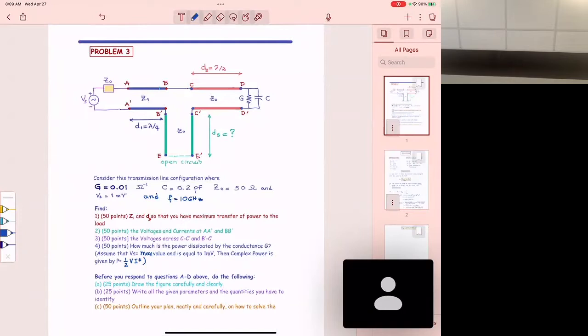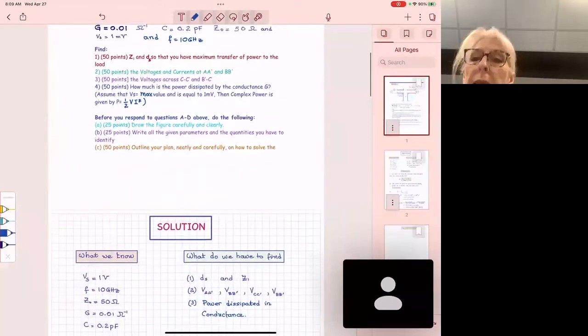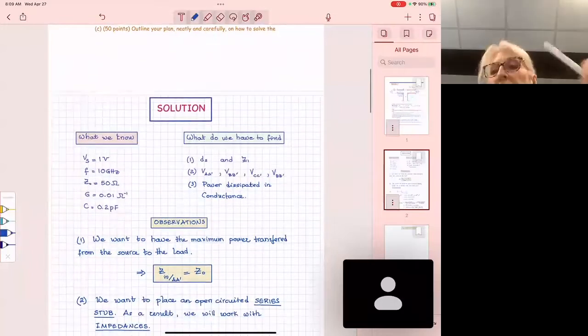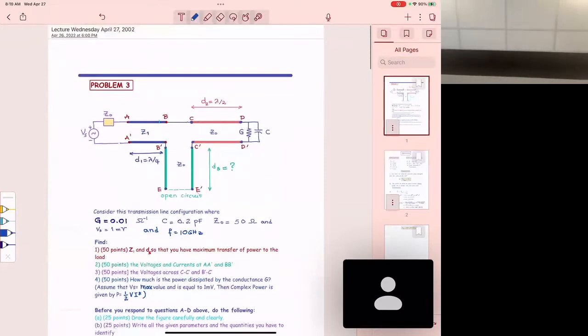So in the first one, find Z1 and this abyss so that you have maximum transfer of power from the source to the load. Okay, so look at my observation. In order for this to happen, we know that the impedance that is presented is equal to 0. So I have to introduce this impedance.